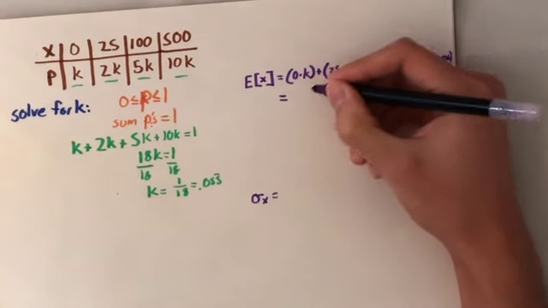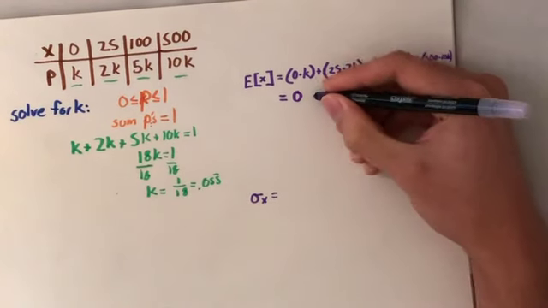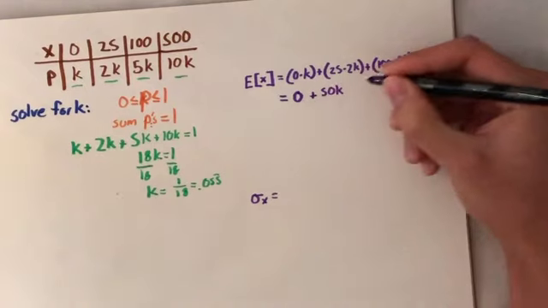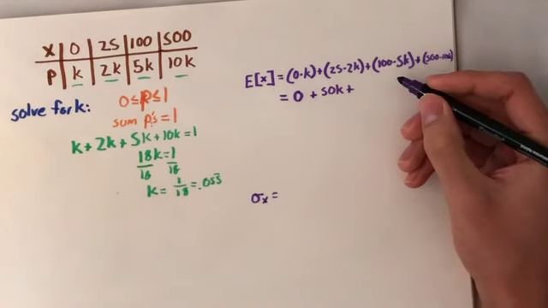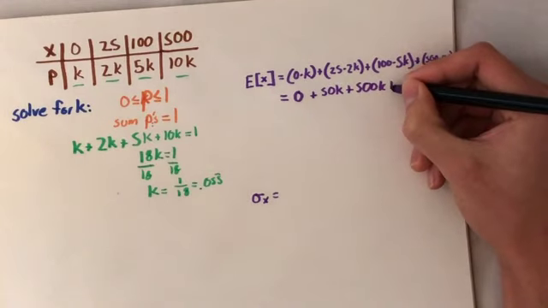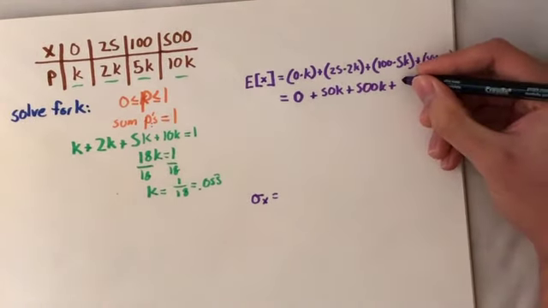We multiply these out. 0 times k is 0. 25 times 2k is 50k. Our third pair, 100 times 5k, is 500k. And our last pair, 500 times 10k, is 5,000k.